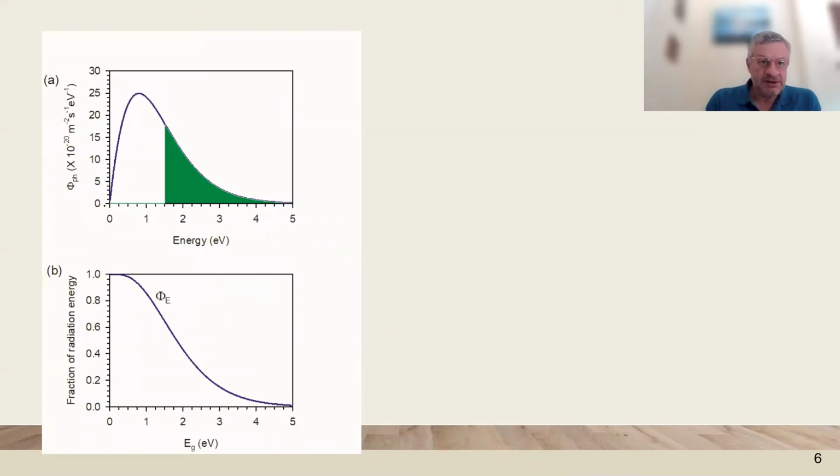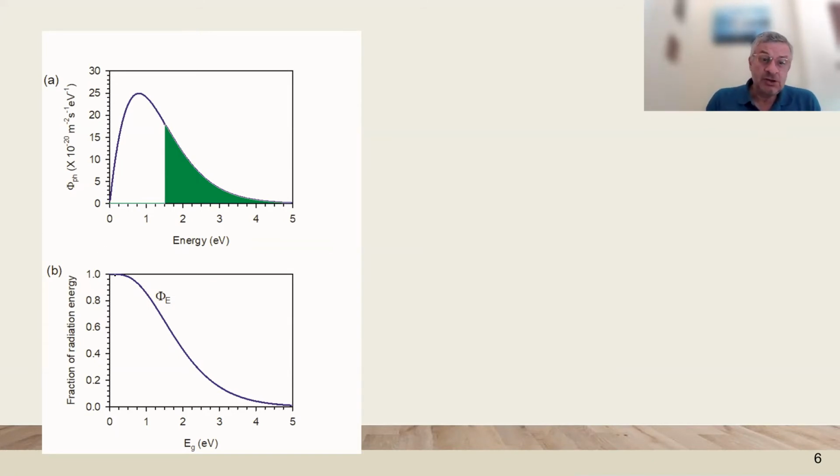It means that this is the number of photons coming from the black body spectrum representing the sunlight. We are going to take only those above the bandgap. These are the ones that are going to be converted to current.